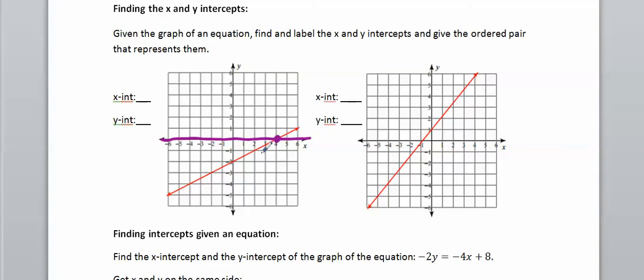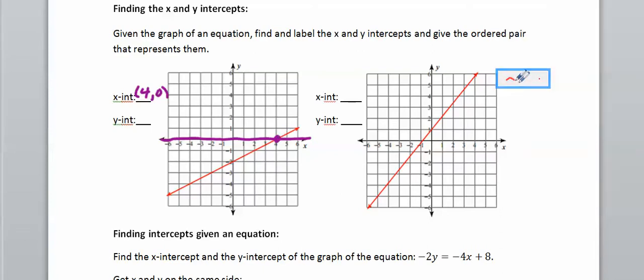Remember, this point is an ordered pair. X is before y, so for my x-intercept, I have to go over 4 and up or down 0. So my x-intercept is (4, 0). It crosses the x-axis at 4.